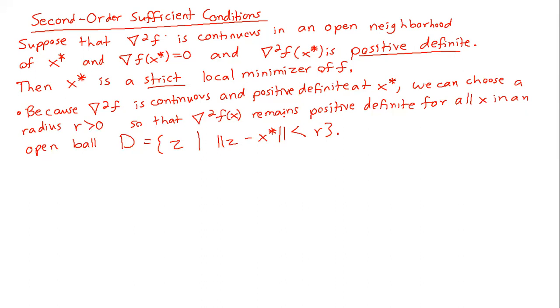So taking any non-zero vector p, so say p is non-zero and the norm of p is less than r, then x star plus p is going to be in this ball, because the norm of the difference between x star plus p and x star will be less than r.